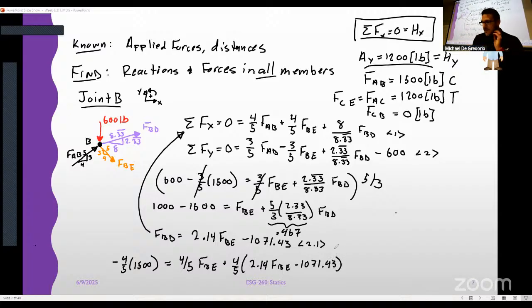And we can solve this for FBE now, right? And we have to do a little bit of work to do that. Notice something very useful here is that everything is divided by 4/5, right? So we can just go ahead and get rid of that now.